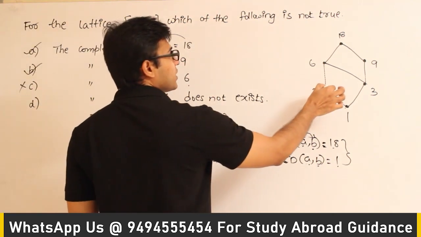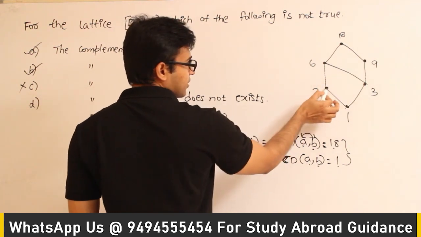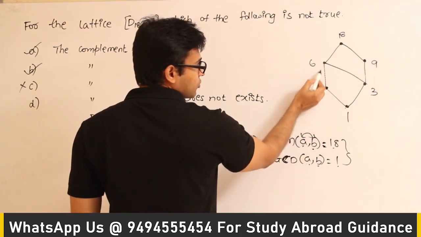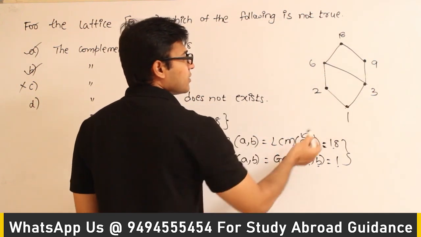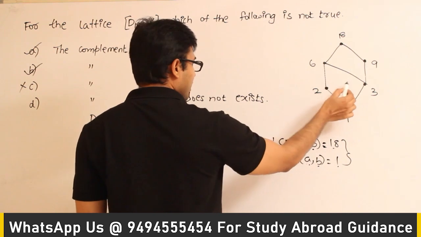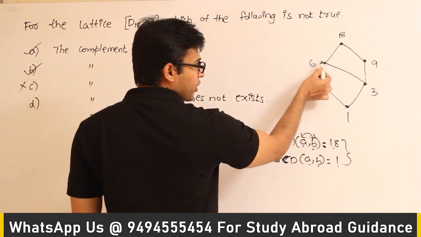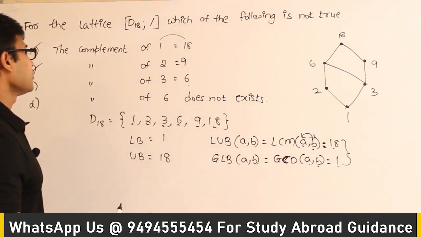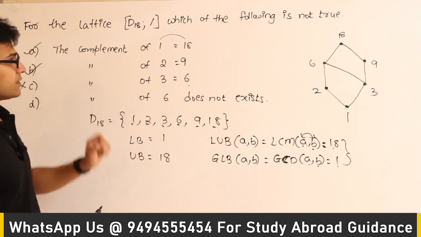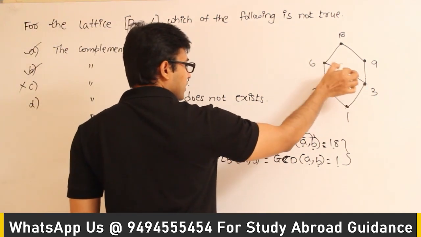Complement of 2, if you see it, is 9, because 2 and 9 are going to join at 18 and 2 and 9 are going to meet at 1. But then 2 and 3 are not complements of each other because 2 and 3 are going to join at 6. That is why they are not complements of each other. But 2 and 9 are complements. Now 3 and 6, check 3 and 6. 3 and 6 are directly related.